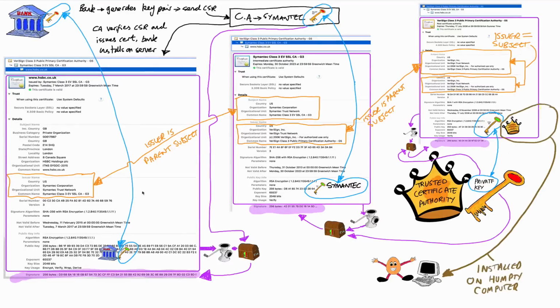So back to the life cycle. The bank generates the public-private key pair, then it fills out a special electronic form, and that's called a CSR, Certificate Signing Request. That certificate signing request is basically a form that contains information like the organization, the address, the common name, which is effectively the domain name, the website, the business category, and all this kind of stuff that HSBC fills out.